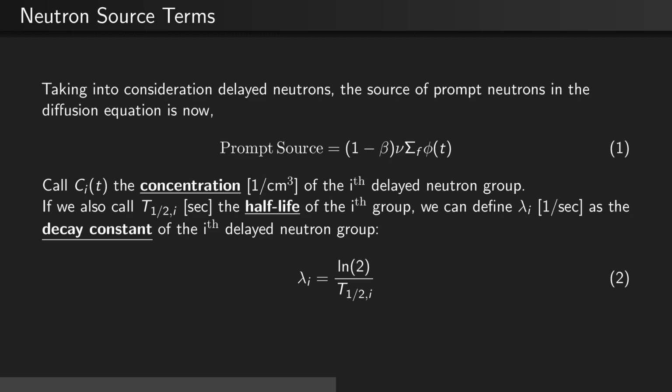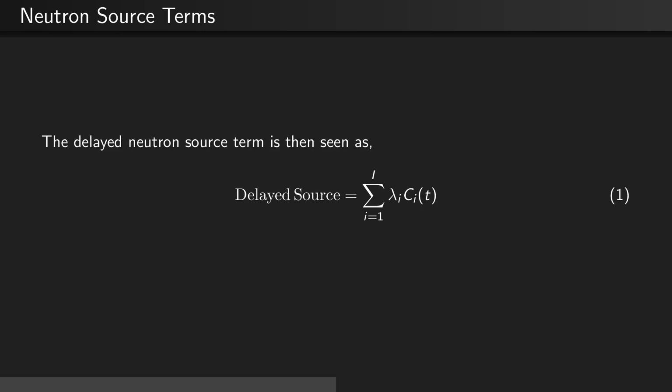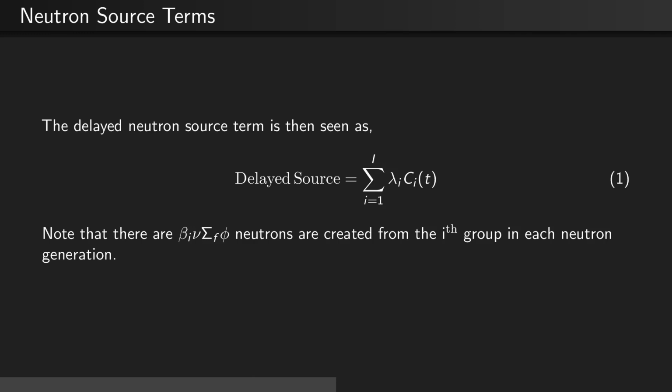If we also call T 1/2 i the half-life of the ith group, we can define lambda i as the decay constant of the ith delayed neutron group, such that lambda i equals the natural log of 2 divided by the half-life of the ith group. The delayed neutron source term is then the sum for i in I of lambda i times C i of t. Note that there are beta i nu sigma f phi neutrons created from the ith group in each neutron generation.